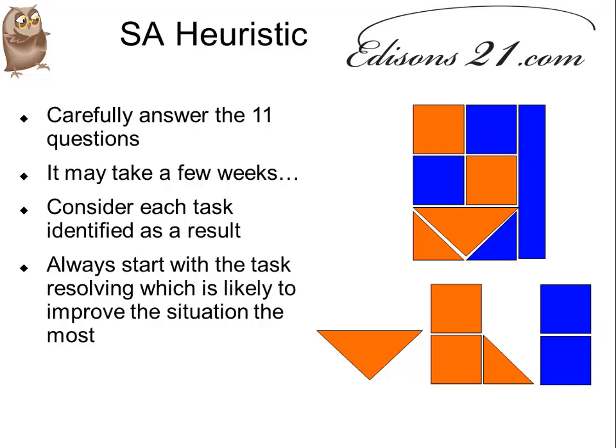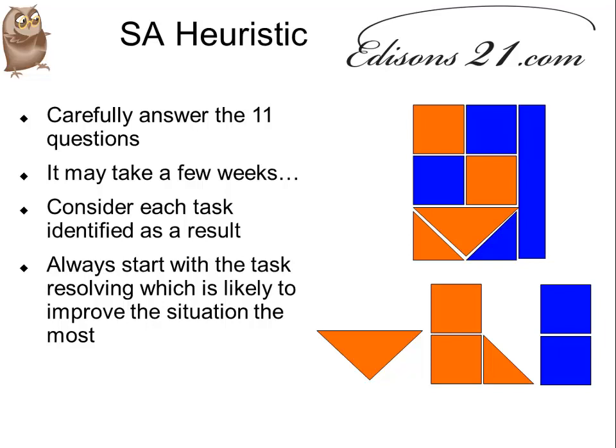Do not rush solving the problem when you get it. Try to find what really needs resolution. Use the 11 questions of the situation analysis heuristic and answer all the questions carefully. Be aware that the situation analysis heuristic engages a user in a non-linear process. You might be required to consult with your colleagues or customers to answer some of these questions.